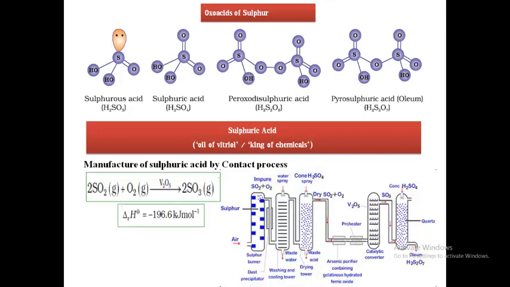This dry sulfur dioxide and oxygen gas mixture is subjected to an arsenic purifier to remove any arsenic impurity, and then it is preheated. Finally, it is fed into the catalytic converter having vanadium pentoxide catalyst where the sulfur dioxide is oxidized into sulfur trioxide gas, and then it is finally treated with concentrated sulfuric acid to get oleum.